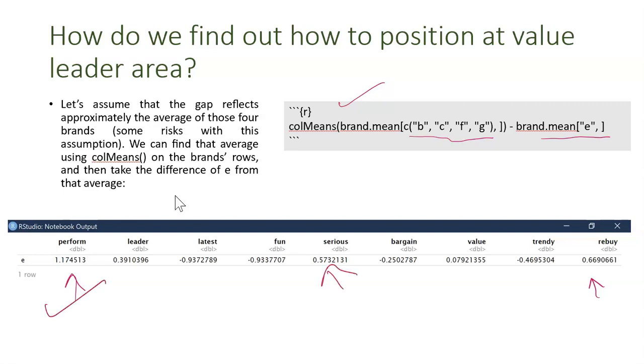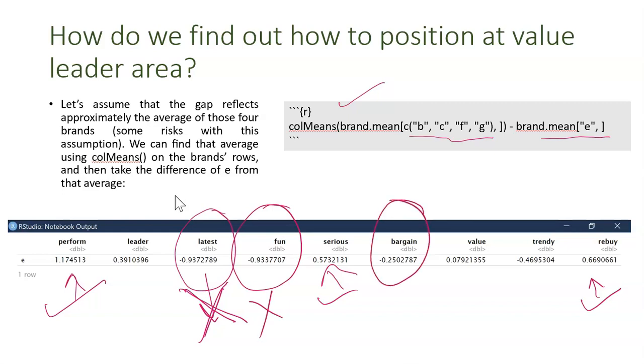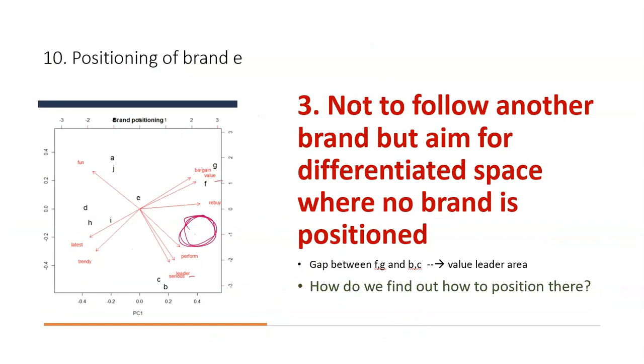So these three things are the most important messages that brand E needs to strengthen. And brand E needs to dial down the messages on latest and should not show itself as a fun brand or should not show itself as bargain. So these are the things that E can do in order to position itself to this value leader area brand.